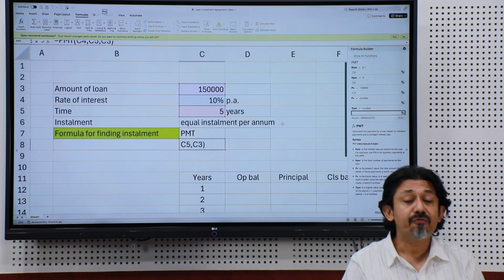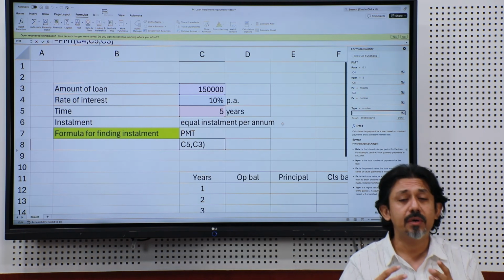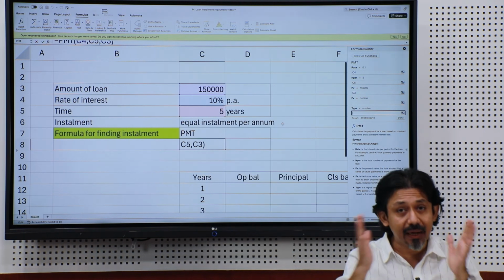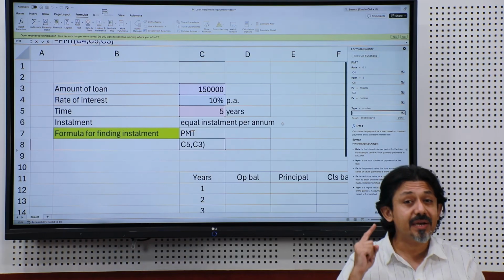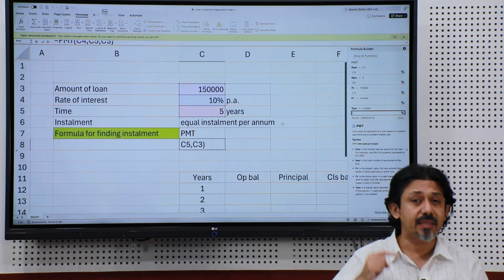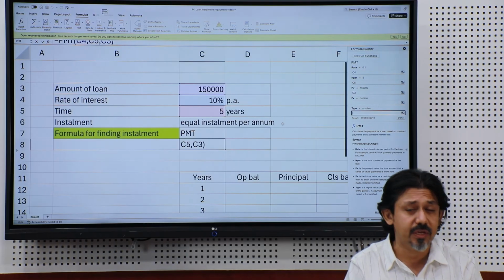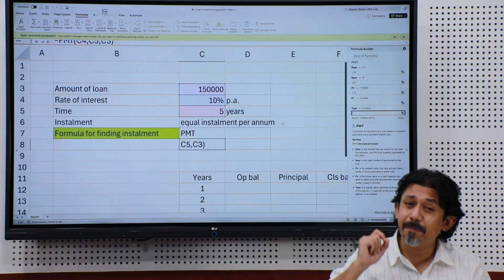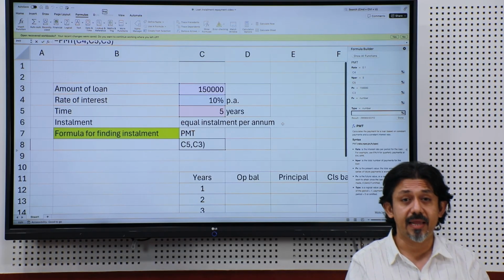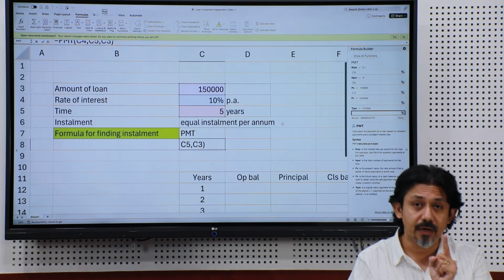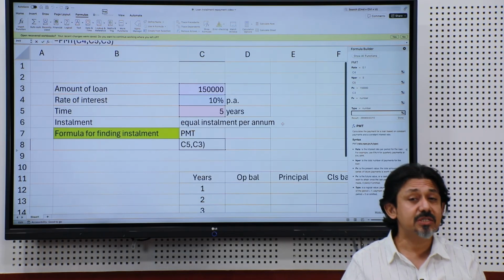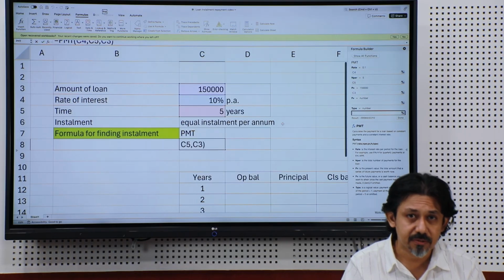However, if my loan structure and the loan agreement is about repayment in the beginning of each month, in the beginning of each quarter, in the beginning of each year, then I need to give specific instructions to Excel, and I need to type 1 over here. Then my EMI calculations, installment calculations will change, right.